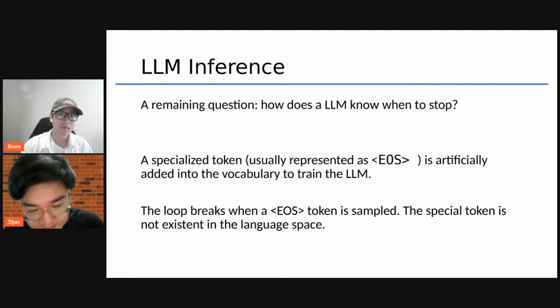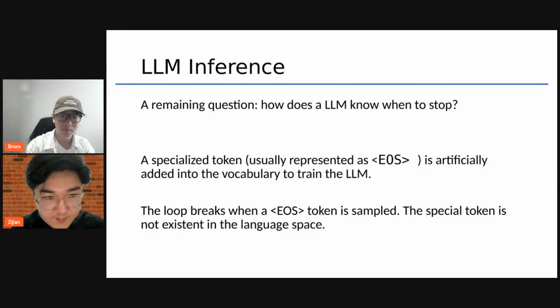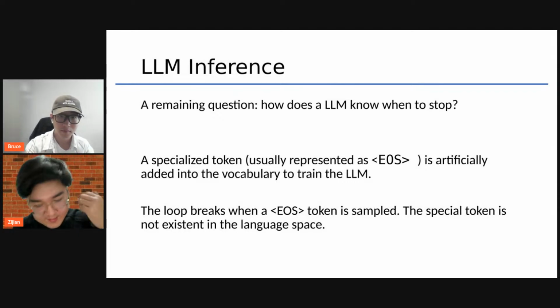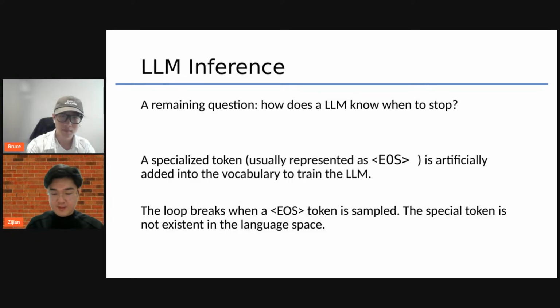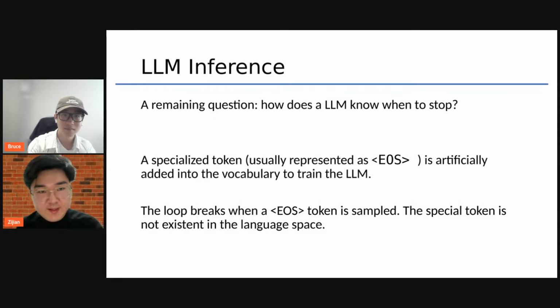Okay, the next question is, how do we know the LLM needs to stop? This is also achieved via this vocabulary. Here is how it works. When training the LLM, we inject a special token, usually represented by the EOS token.